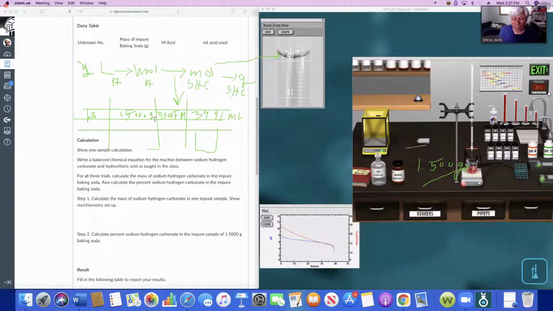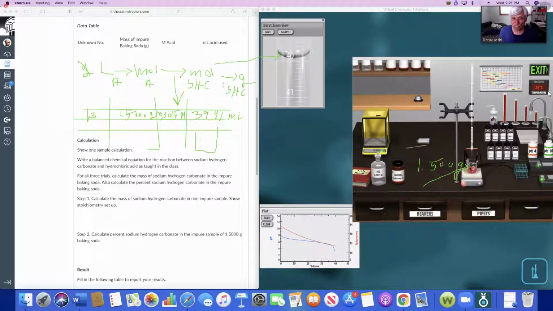So 1.5 grams is an impure substance. It cannot be used in the calculation like that, because this impure substance is not reacting. Only part of it is reacting. We want to find out how much of it is reacting. Therefore we do liters of acid, moles of acid, moles of sodium hydrogen carbonate, grams of sodium hydrogen carbonate.